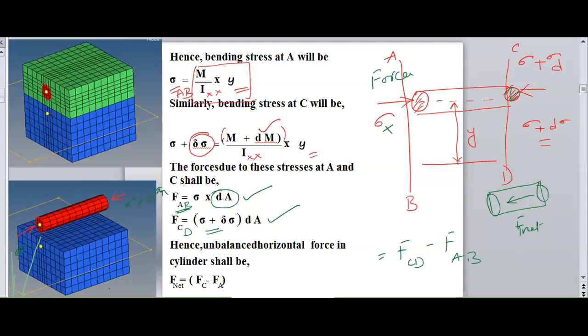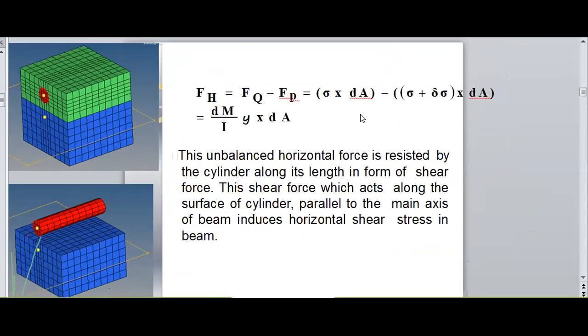After finding the net force, I need to express it in terms of bending stresses. So here I have substituted the bending stress equation for AB and CD. This is the horizontal force, which is moving in this direction. In the vertical direction, a shear force is developed between the green cross section and the blue cross section.